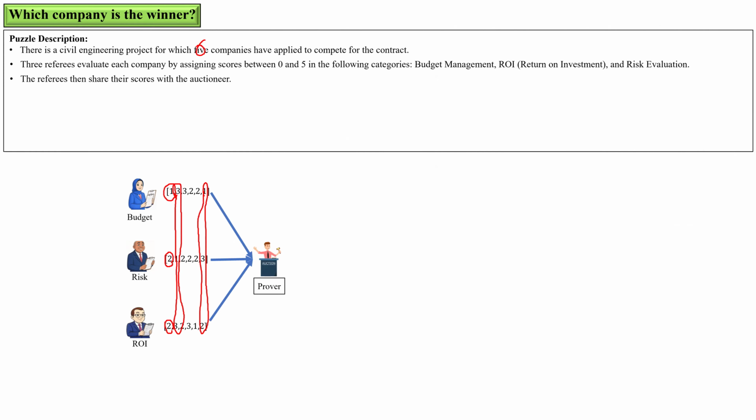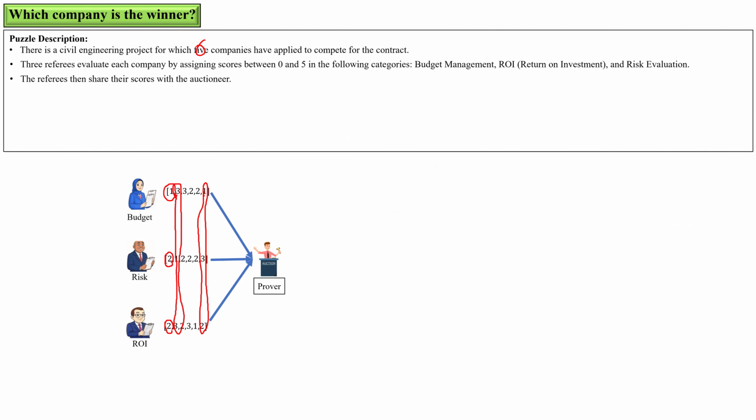By the way, the grade would be between 0 and 3. We assume that the referee gives 0 for an application that is very bad and 3 for an application that is very good.